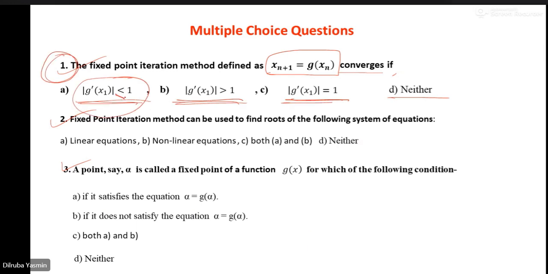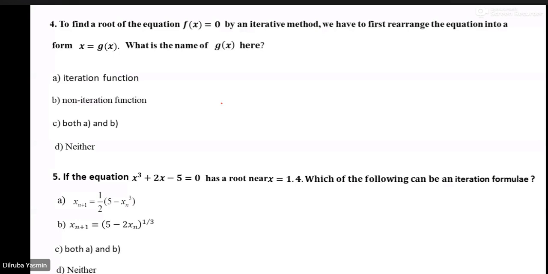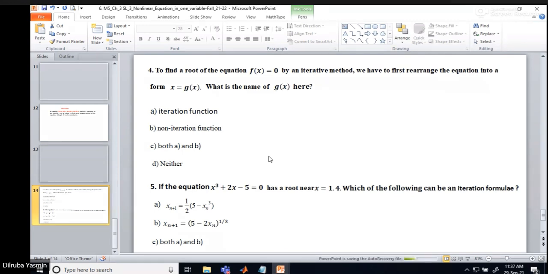So what will be the correct answer? Neither. Exactly. So look at the options very carefully. Please try to practice similar types of questions, because I will give MCQ questions, so you should practice.